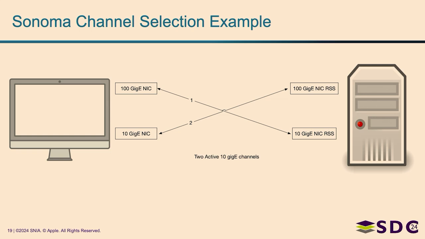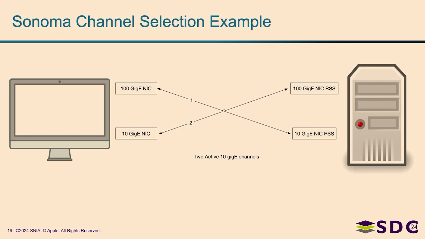So it's very possible that the connection from the 100 from the client to the 10 actually completes first. And then as soon as we would establish a channel, we would say that NIC is no longer available for other channel selection. So the 100 on the client gets connected to the 10 on the server, and we say, well, that's channel 1.